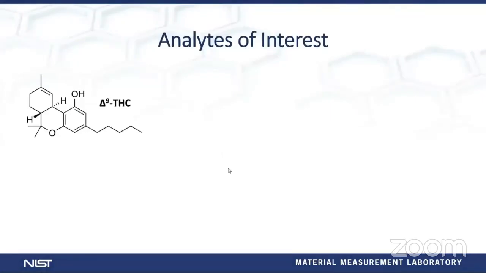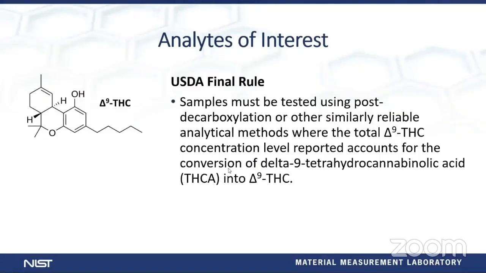So the primary focus of the analyte is delta-9 THC, based on the ruling in the Farm Bill. However, the USDA came out with a final ruling that stated samples must be tested using a post-decarboxylation method or similar reliable analytical method, which takes into account the total delta-9 THC concentration reported in the sample.